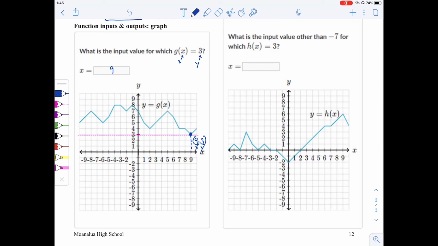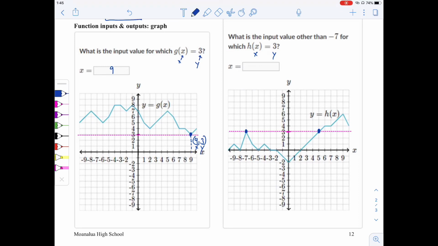Okay, next one. What is the input value other than -7 for which h of x equals 3? So again, it gives you y, right? So your y is 3. So we look at y is 3 right here, and we go all the way across, and we see where it intersects. It can intersect more than once. So this one intersects here, and it intersects here. 2 points.